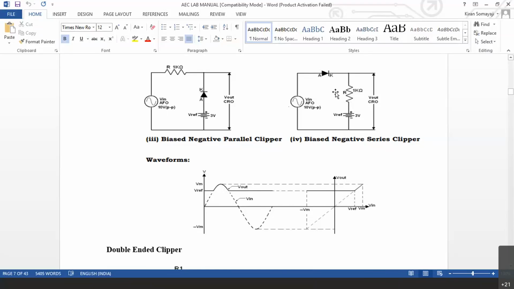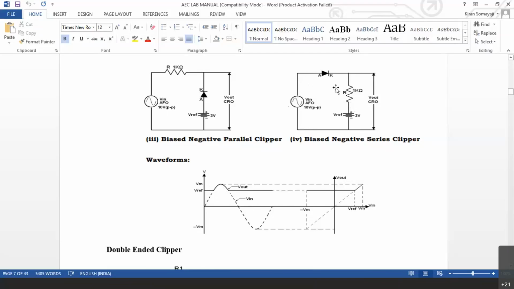The cathode voltage is 3 volts. Only when the anode voltage goes beyond 3 volts, then the diode conducts. Only when the diode conducts, output is available here across. Otherwise, this diode is always off. So, only at this portion, diode is on. In all other portions of the waveform, diode is off.